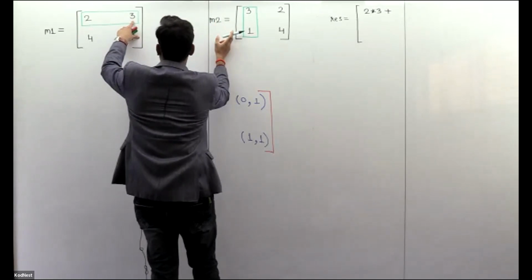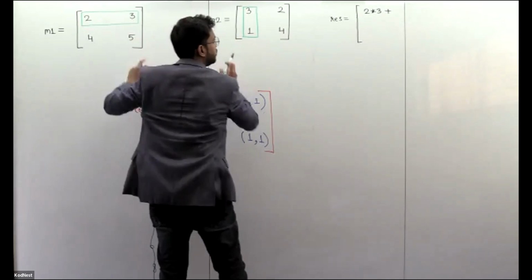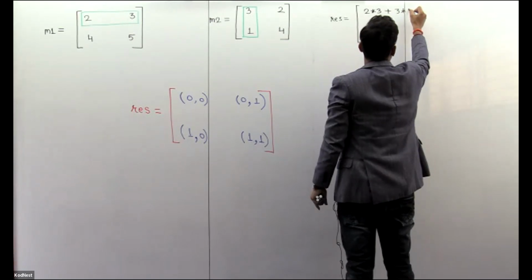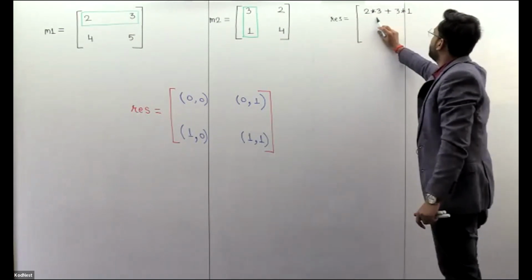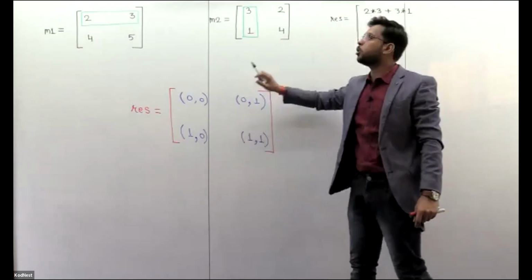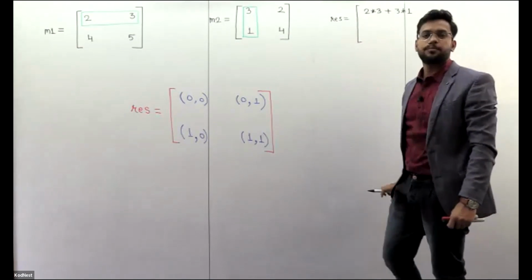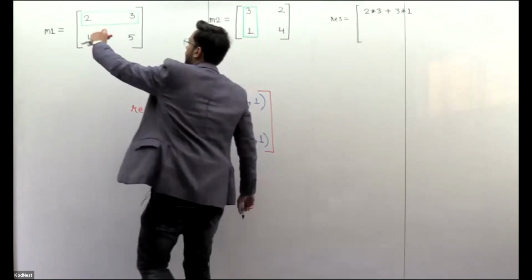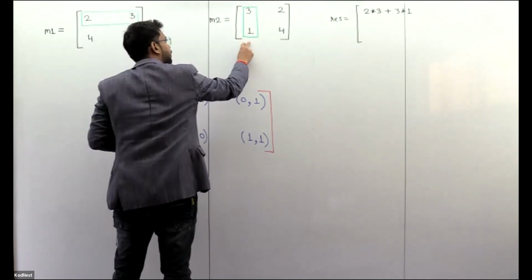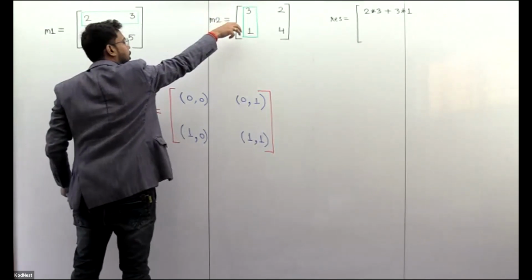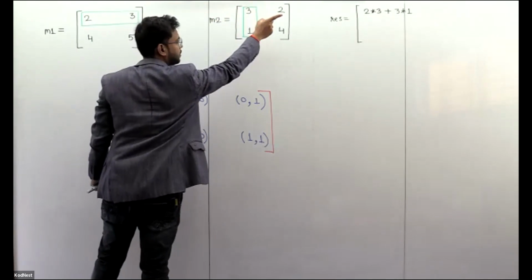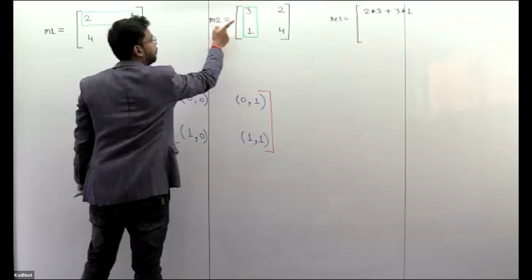So 0, 1 I am multiplying with 1, 0. So here 3 multiplied by 1. And finally, whatever result comes will become the 0, 0 element of the result matrix. So what I have done is I have taken the 0th row of M1 and the 0th column of M2 and multiplied the elements: 0, 0 with 0, 0 plus 0, 1 with 1, 0.